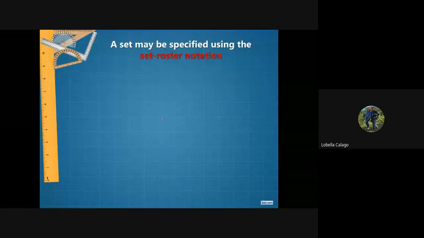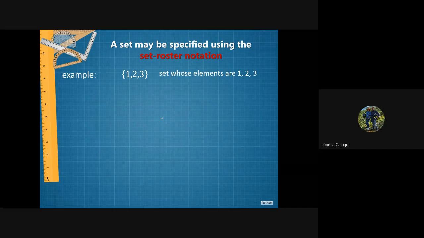Okay, so it says also that a set may be specified using the set roster notation. Ano ito, set roster notation? So later, malalaman po natin kung ano yung set roster notation. So for example, we have like this. Mostly, malalaman nyo na set yan pag you start with an open brace and a closed brace. So yung sa loob are the elements.